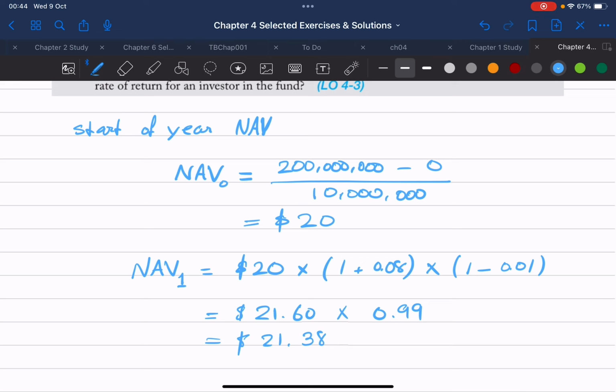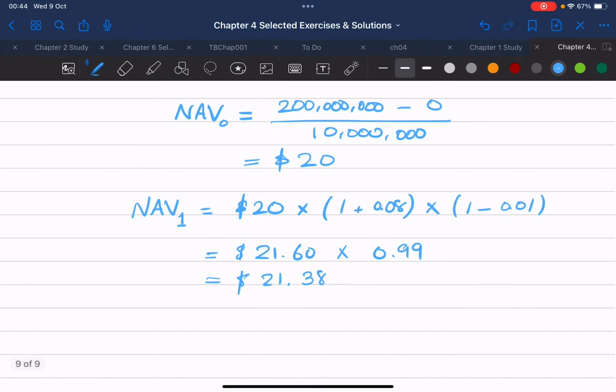Okay, you can do that, or you can keep your rounding until the end, because we still haven't done with our calculation. We're still going to need to calculate the rate of return, but this is the other part of the requirement, which is to figure out the net asset value of the fund at the end of the year, and the answer to that is $21.38.